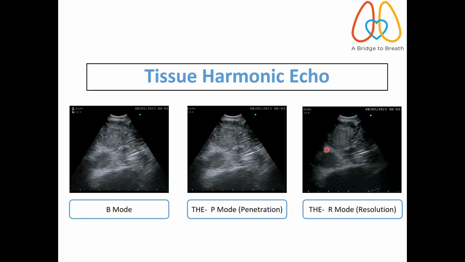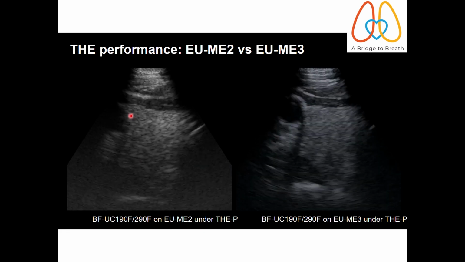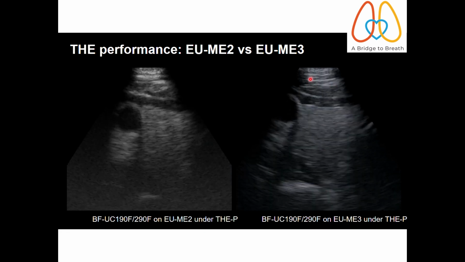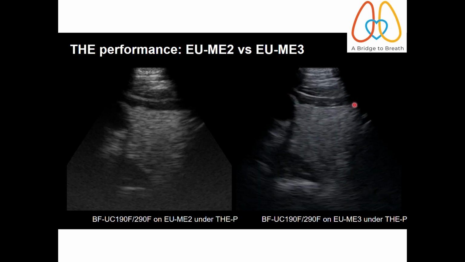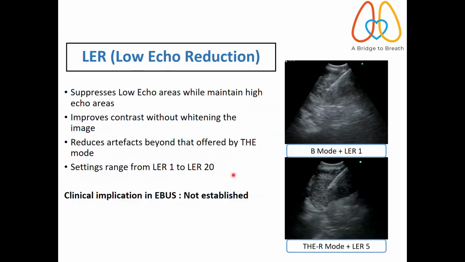So you can see here the penetration mode and the resolution mode. The demarcation of the lymph node is improved by the penetration and resolution modes. You can see the difference between ME2 and ME3. There are sharper boundaries and clearer differentiation between the two structures compared to ME2, which has low echo resolution.